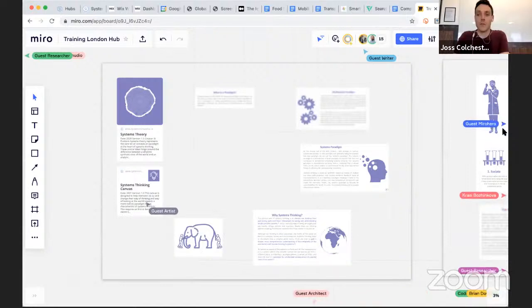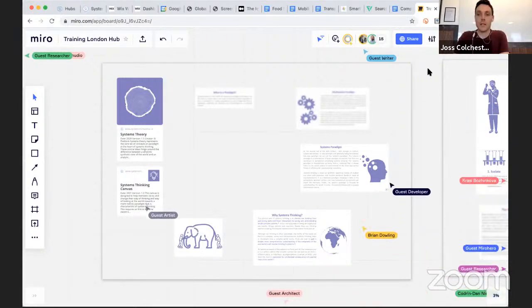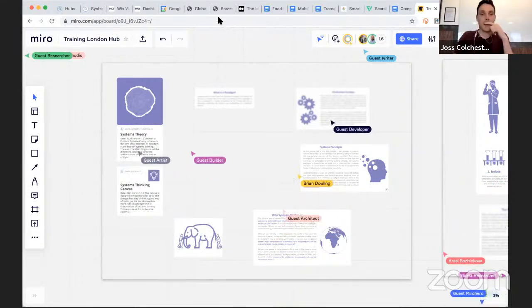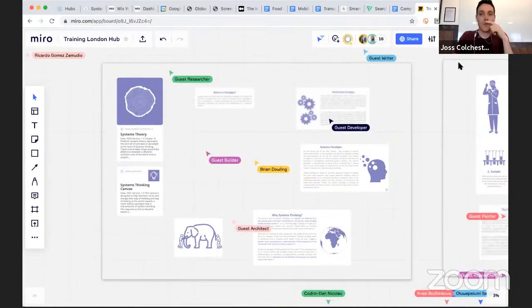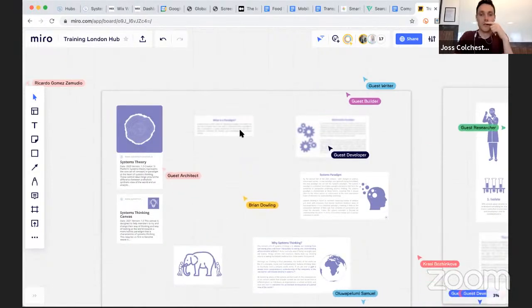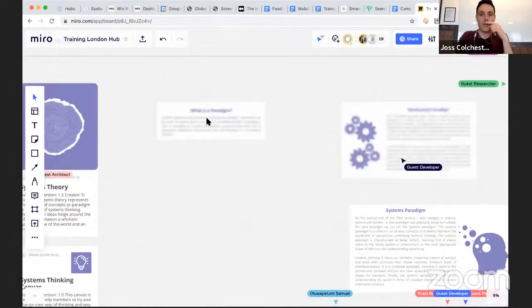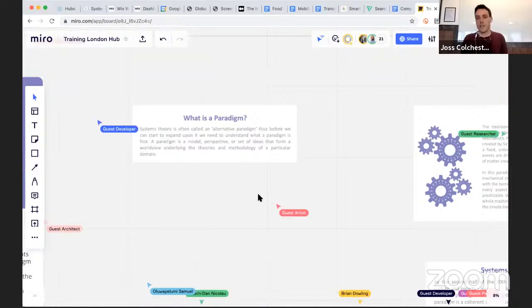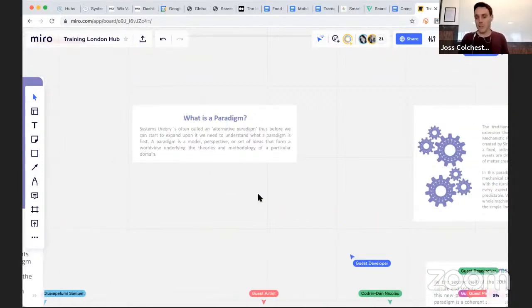So we're still collecting people here, but let's get started. We're talking systems thinking, as I said, and what is systems thinking? So we're in an introduction here, very basic level. We want to start from the beginning. What is systems thinking? It's quite an abstract subject, so there are a lot of different interpretations to it.